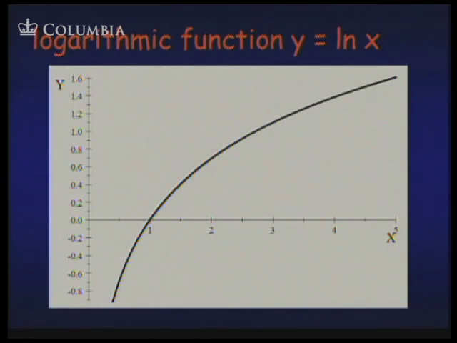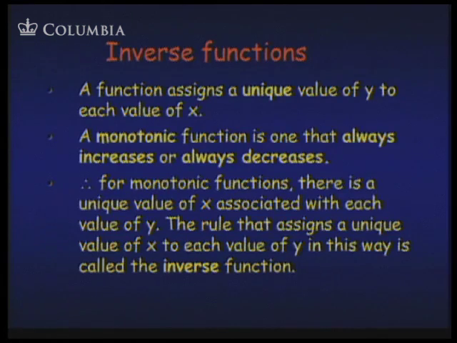And here you'll see that it starts off at minus infinity for x equal to 0 and rises, but unlike the exponential function, its slope gets more shallow as x increases. Okay, so that's a useful point to start thinking about inverse functions.